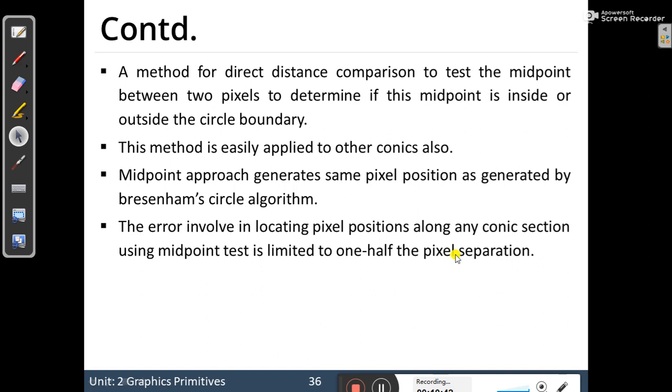So try to understand this. If we use this midpoint approach, the error of landing outside or inside of the actual circumference will be at minimum zero, on the same circumference, but at maximum half a pixel inside or outside.